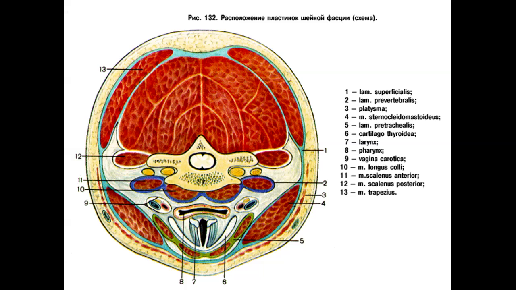You already can recognize this picture, but now the position of this picture looks according to a person lying on the abdomen, supine position, and we look from the head on the transversal section of the neck. So this scheme is from Sapiens textbook.